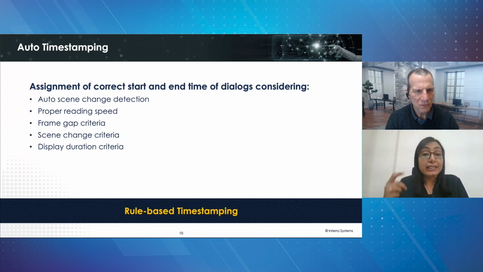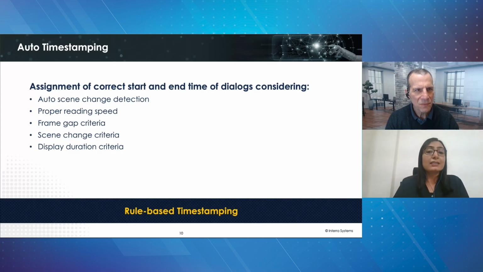So they might not get a hint that the captions have changed, and they might not even try to read it. And if we try to extend the end time to make the display duration sufficient, we might bump into a scene change. Captions cannot cross the scene change boundary, because that will make them look out of place.